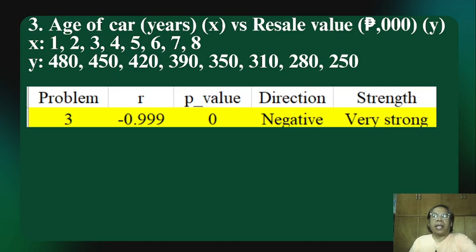So the calculated value of R is negative 0.99. So the direction is negative and the strength is very strong because it's close to negative 1.